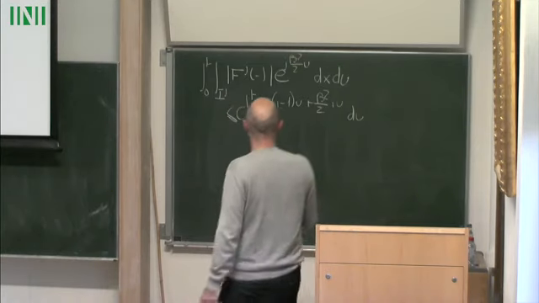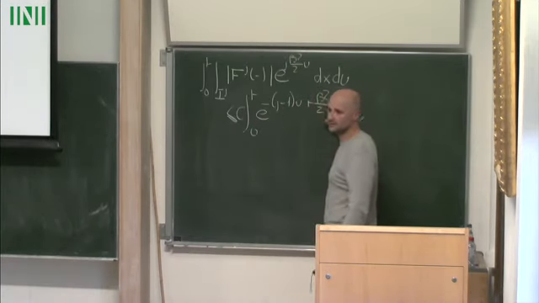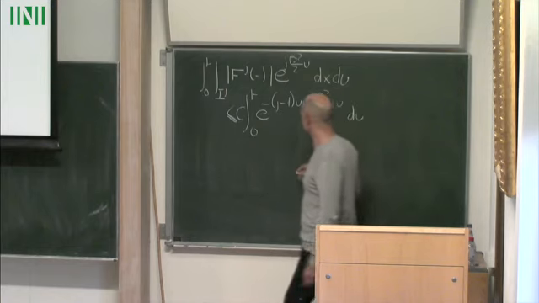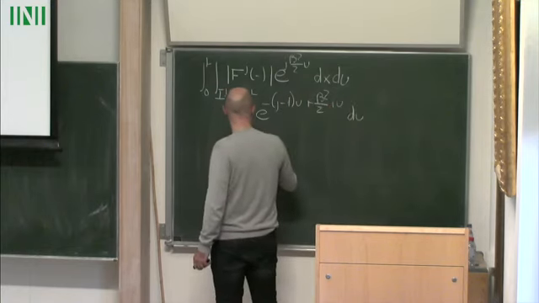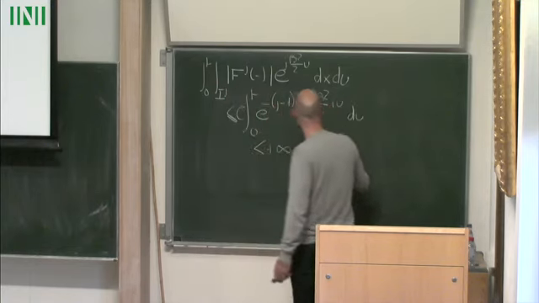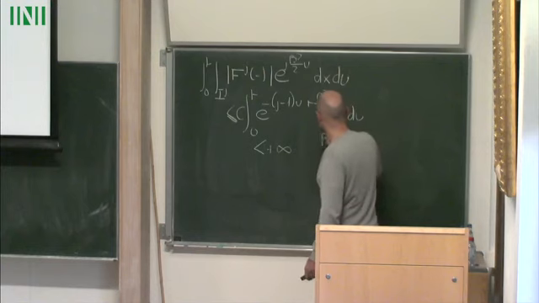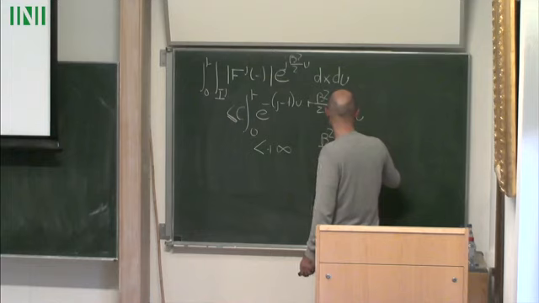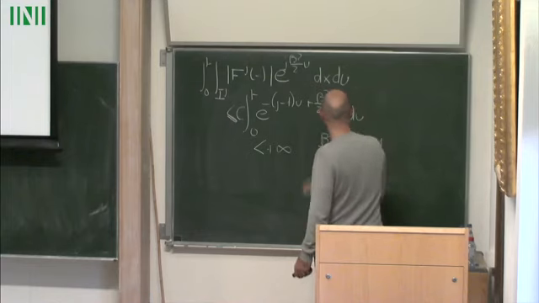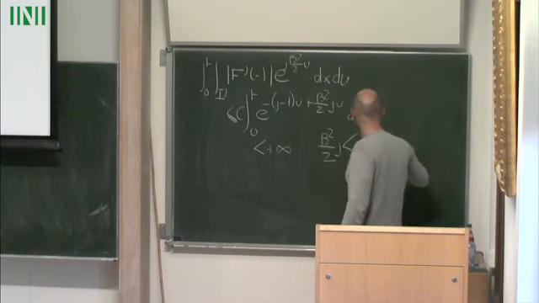You see that this guy has to be greater than minus this one. So it converges provided that beta squared over 2 I is less than j minus 1. Okay? This is exactly the condition I told you.